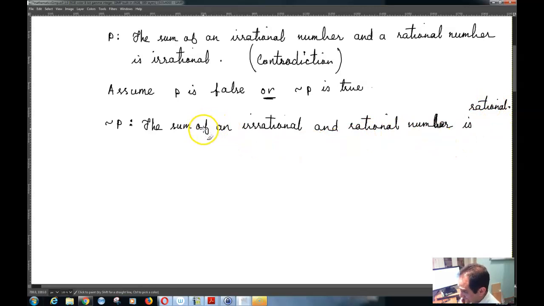So now, what this means is that I don't know how to represent an irrational number mathematically.